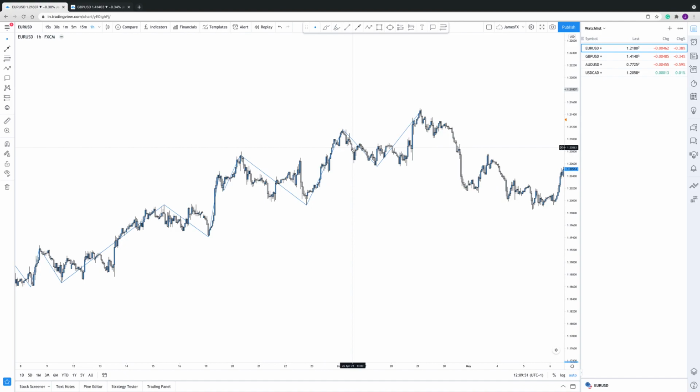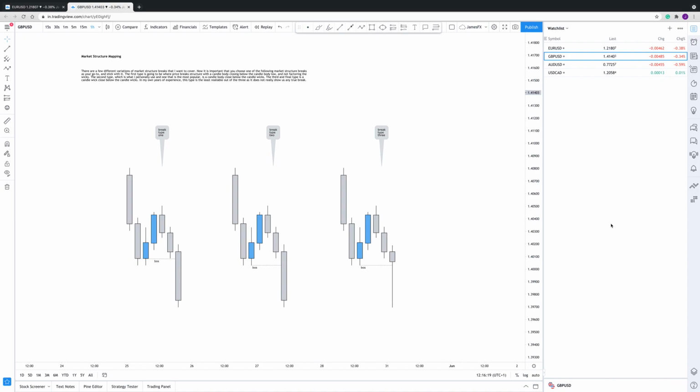Okay, so now let's get into market structure mapping and the different types of structure breaks. There's a few different variations of market structure breaks that I want to cover.